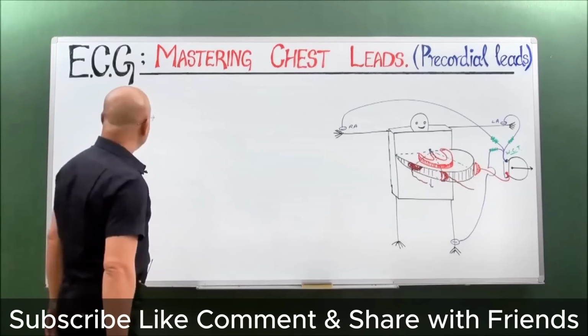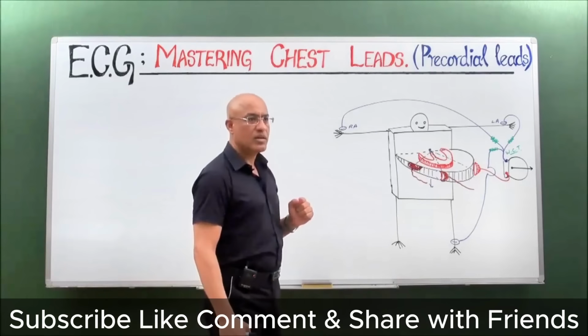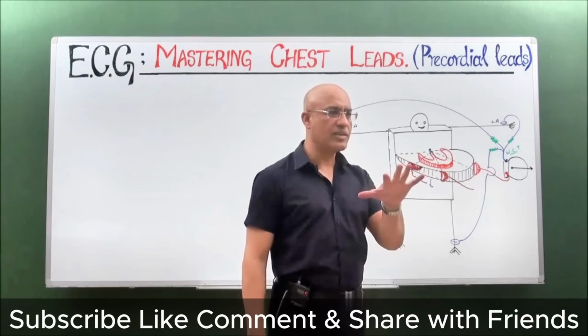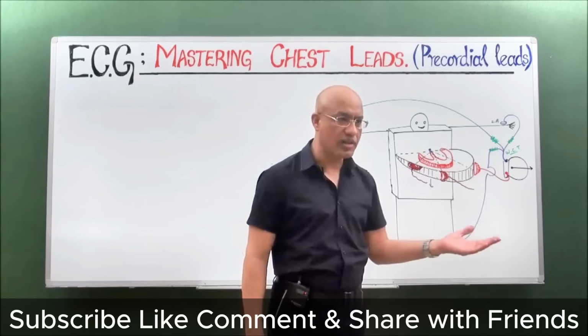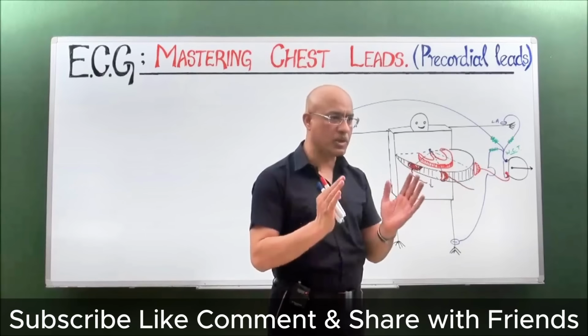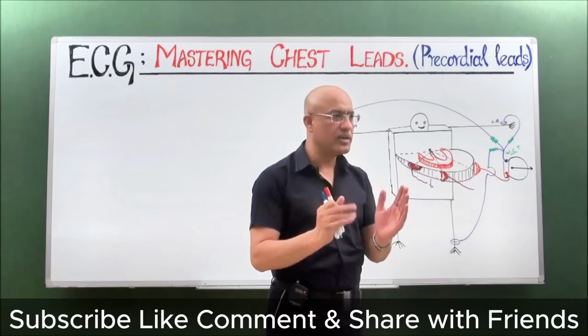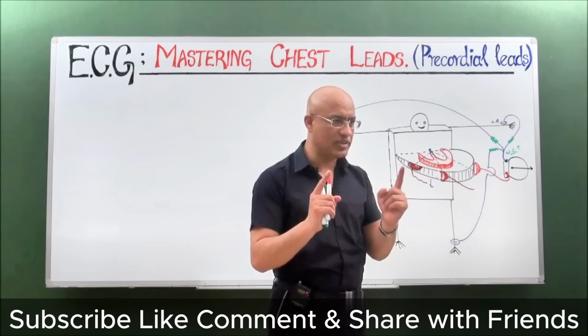Now we come to the standard placement. There are 6 standard unipolar chest leads, and then there are additional leads. Today we will not talk about additional leads. I will discuss mainly the concepts related with the 6 chest leads.